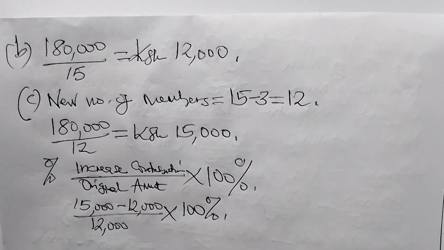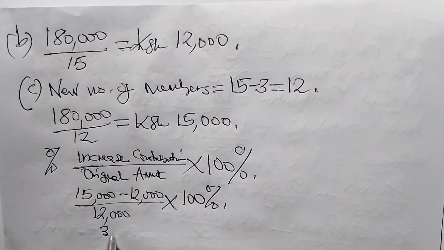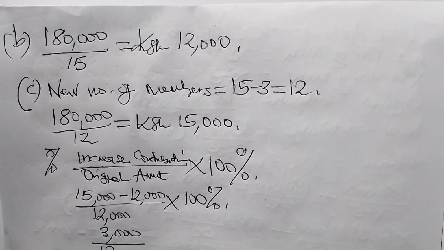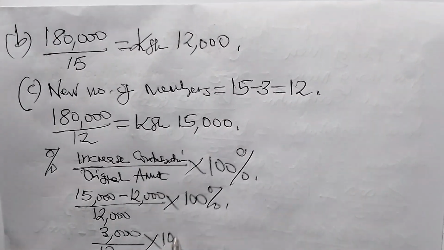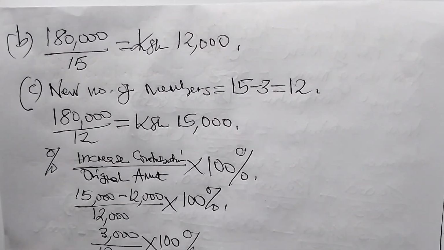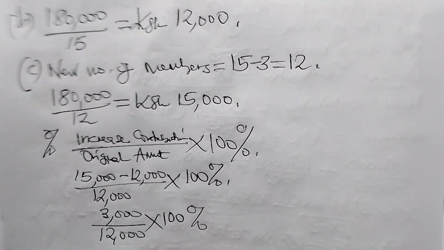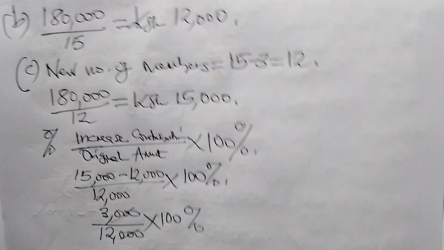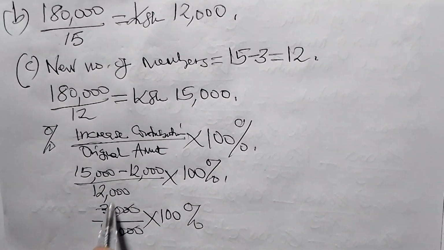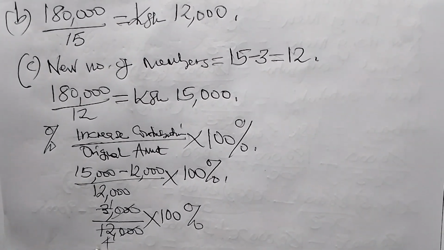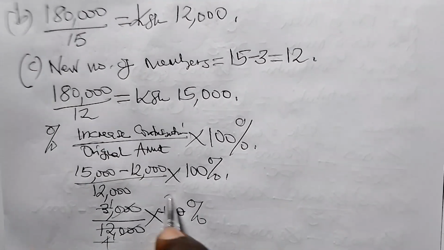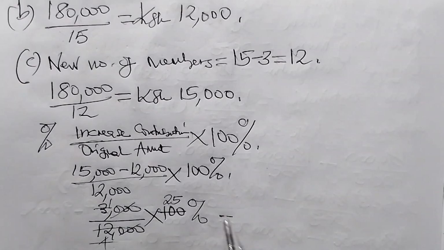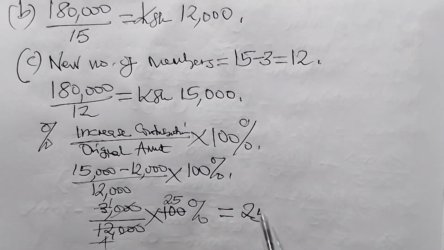So this will be given by 3,000 over 12,000 multiplied by 100%. The 3 zeros cancel out, and then by 3, 1, by 3, 4, by 4, 1, by 4, 25. So the percentage increase will be given by 25%.